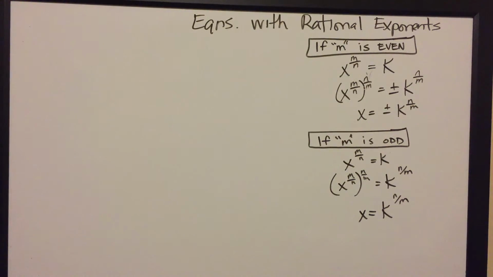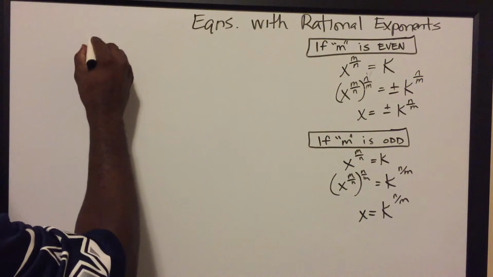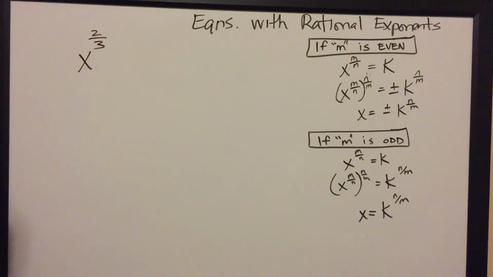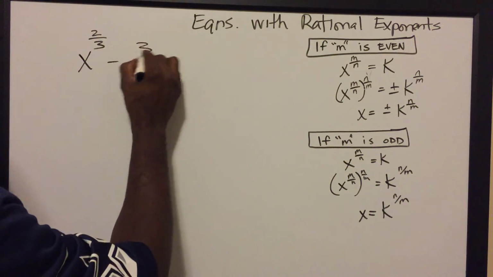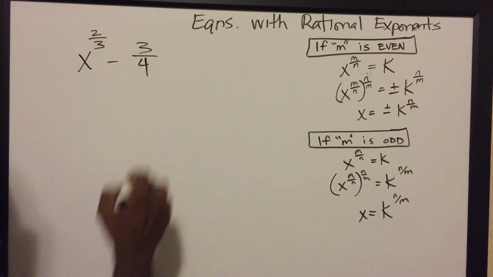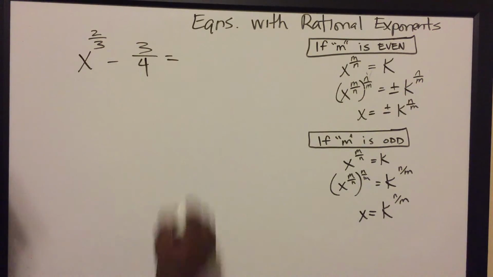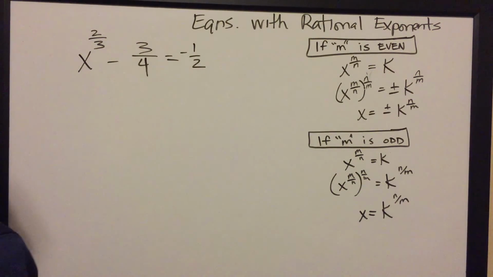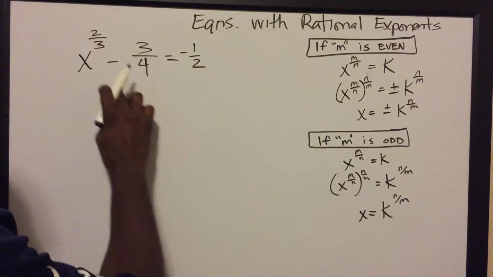Let's try another one. x to the 2/3 minus 3/4 is equal to -1/2. Okay, so now we have to do the same thing.